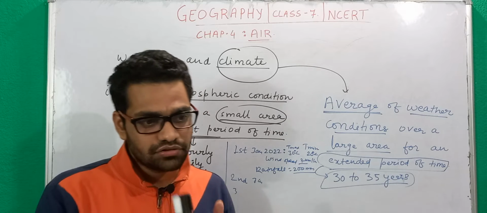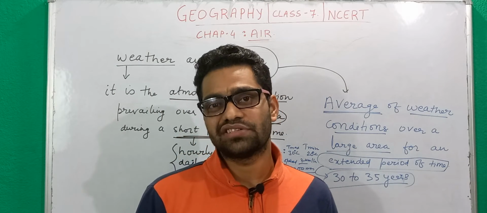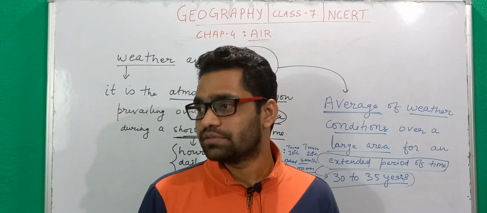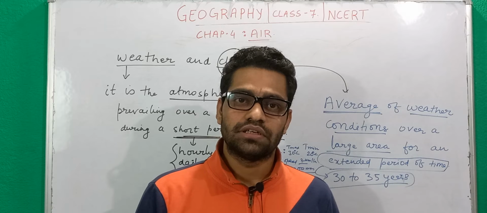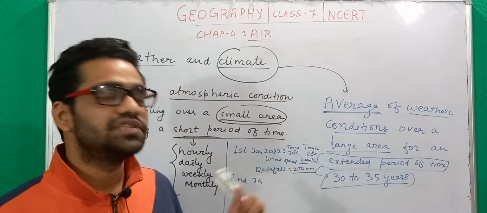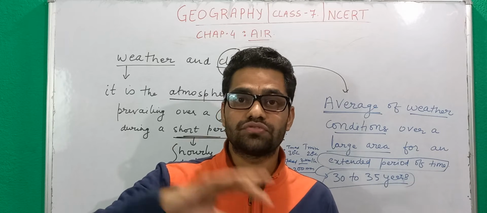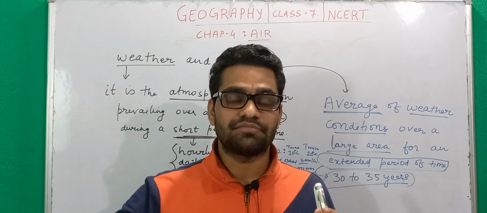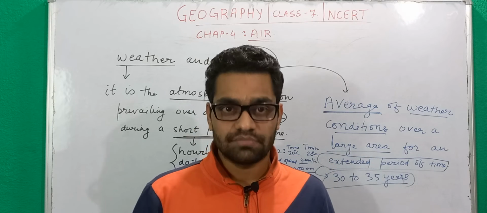That is, over a period of 30 years, if you find the average of weather conditions over a place, you will find that there are certain types of trends. That is, the maximum temperature may go to like 40 degrees Celsius at max, and the minimum temperature may go to 15 degrees at max.